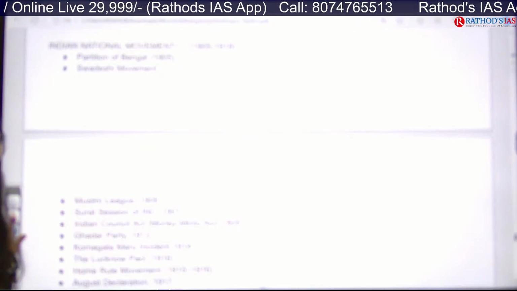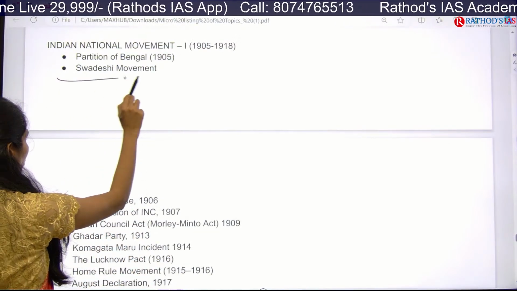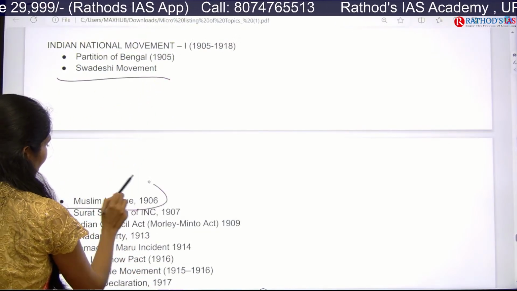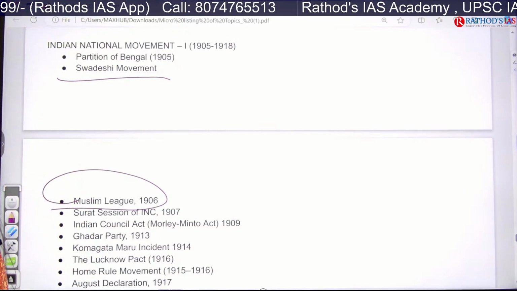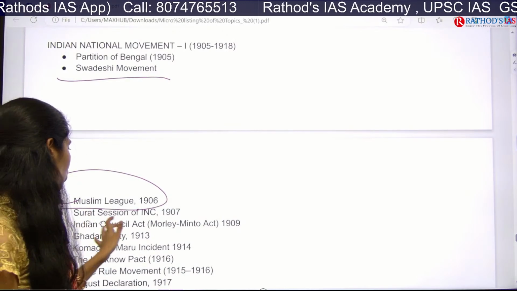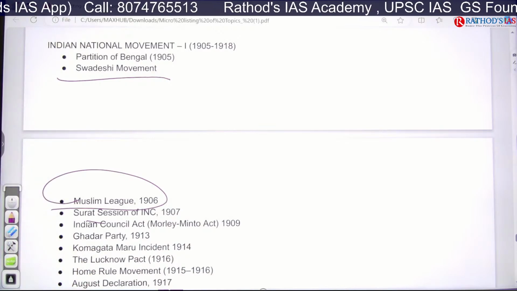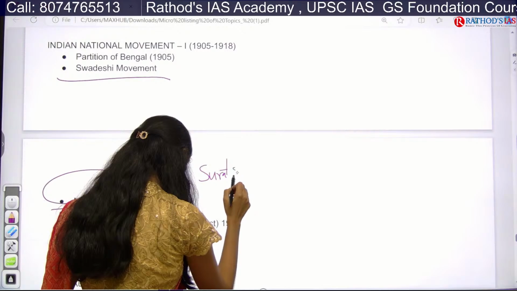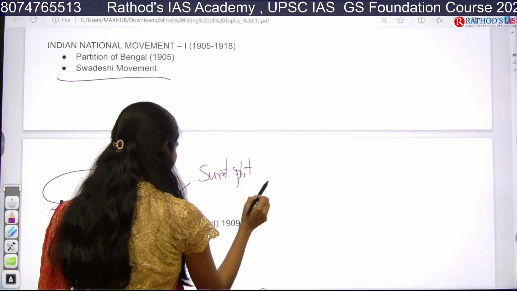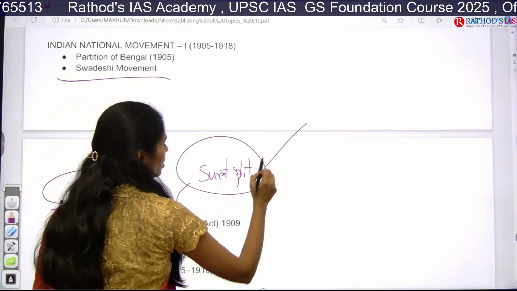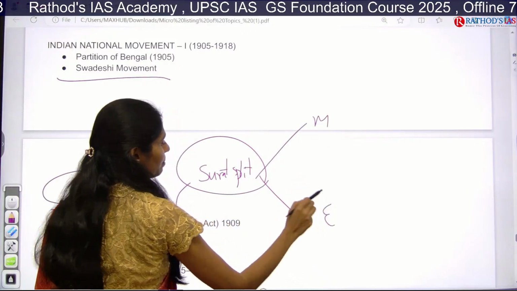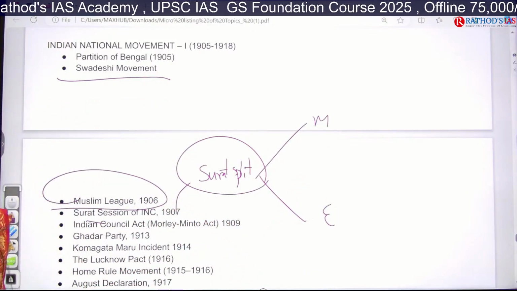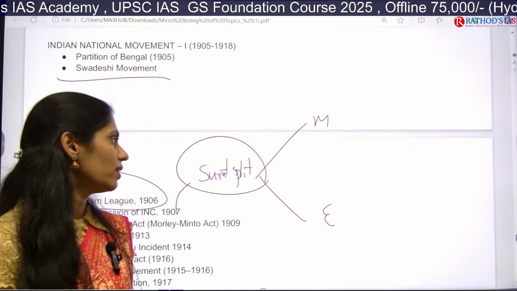After this we have the Swadeshi movement in 1906, and later the Muslim League was also formed in 1906. After that, in the Surat session of 1907, we had the Surat split, that is, extremists and moderates were divided.